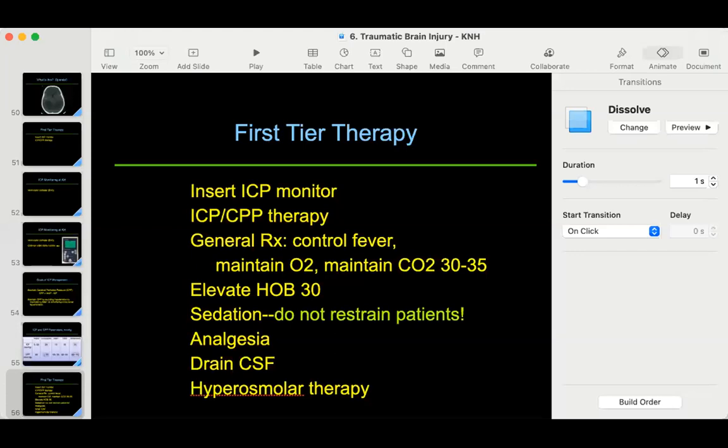Something we commonly see in these head injury patients is mental psychiatric issues. So how do we approach such patients?